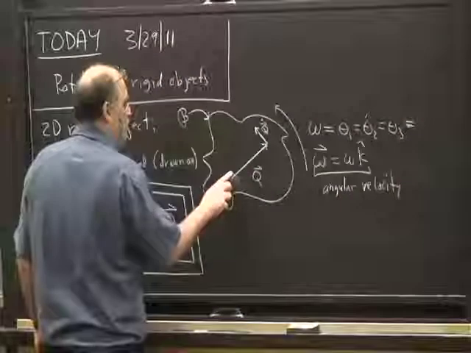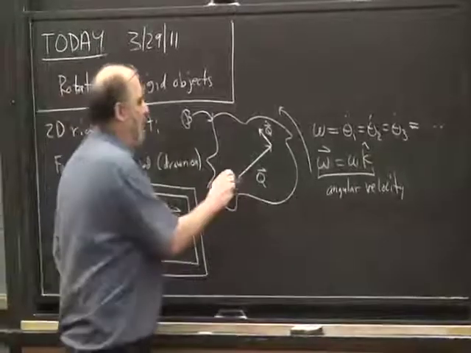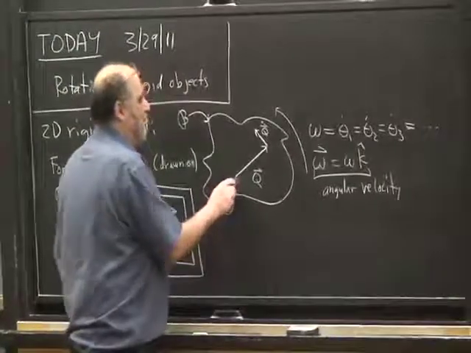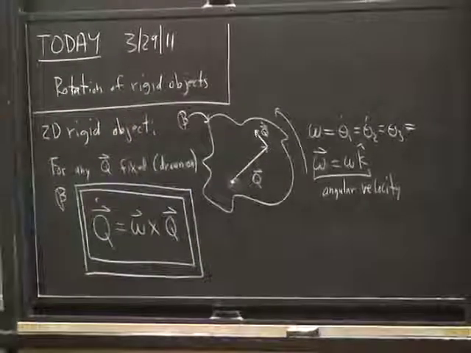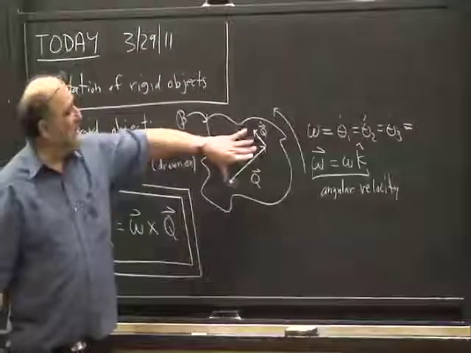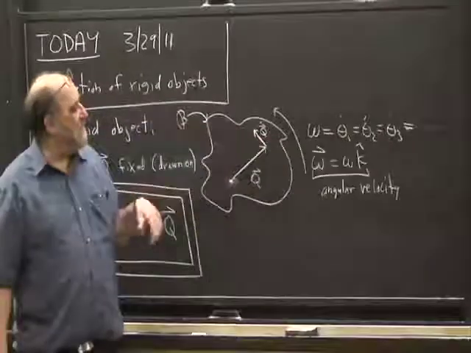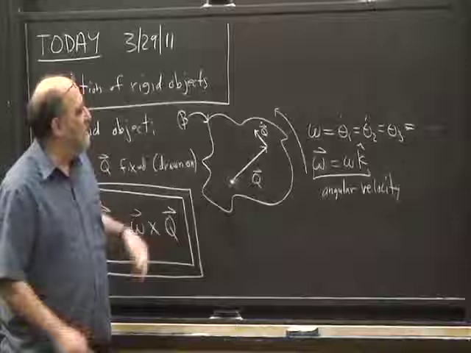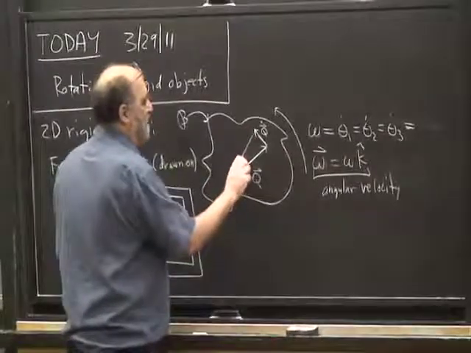What we're going to do is look at some vector which we draw on this object. A key vector that we would draw would be the position vector of 2 points, and I'll show you that in a minute. But let's just say we draw some vector, and it could represent anything. Then we want to know what's the rate of change of that vector. Well, in a little bit of time, this vector rotates a little bit.